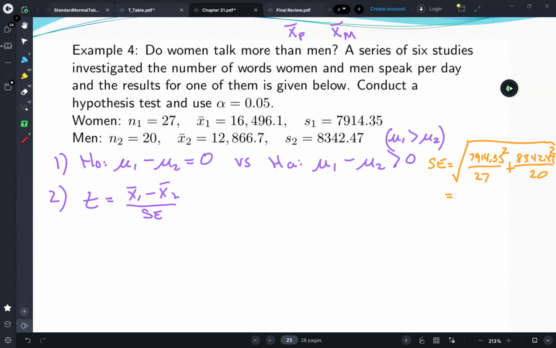So carefully put this into your calculator and see if we all get the same. I'll give you a moment to see what you get.